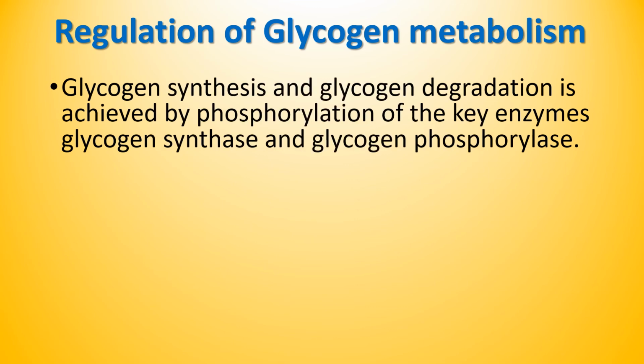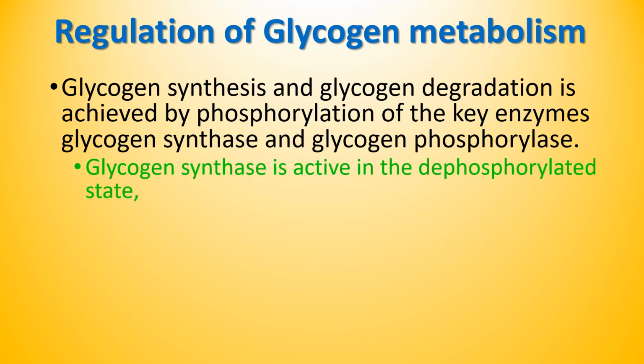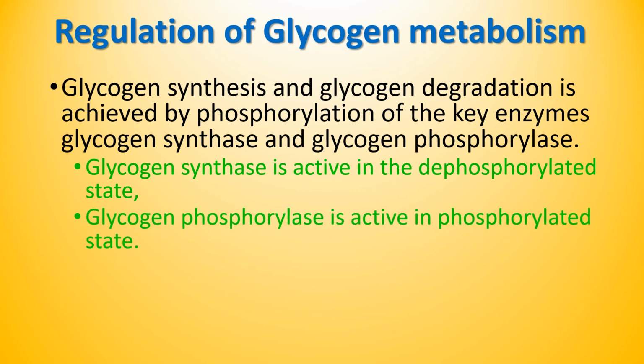Next is the regulation of glycogen metabolism. Glycogen synthesis and glycogen degradation are regulated by phosphorylation of the key enzymes glycogen synthase and glycogen phosphorylase. Glycogen synthase is active in the dephosphorylated state, whereas glycogen phosphorylase is active in the phosphorylated state.